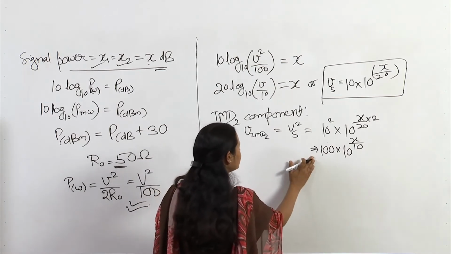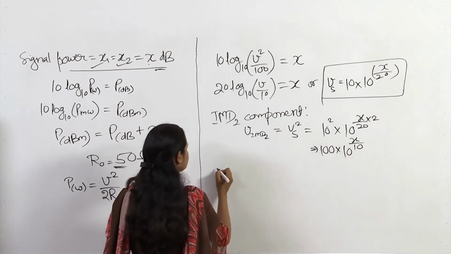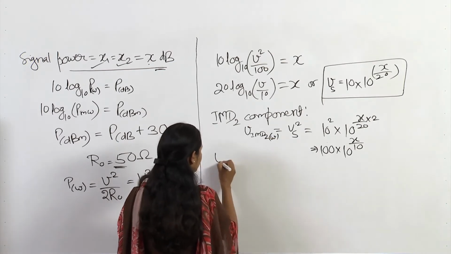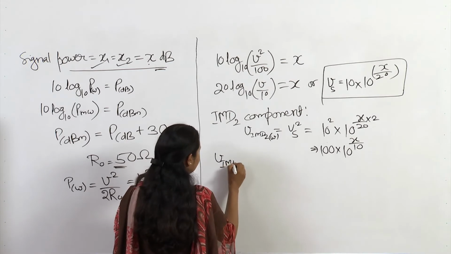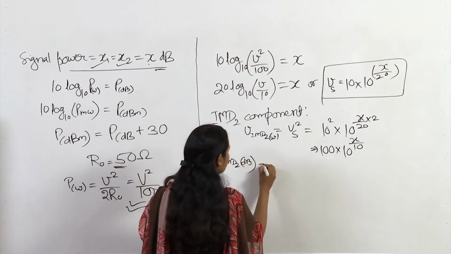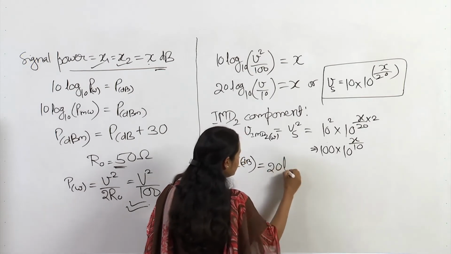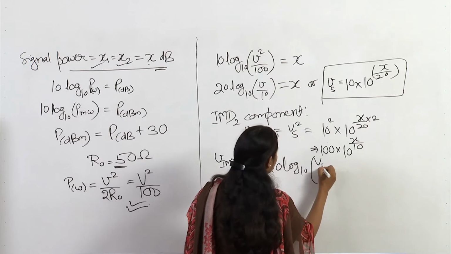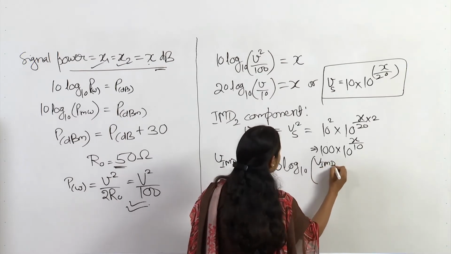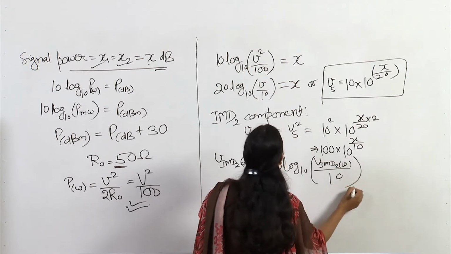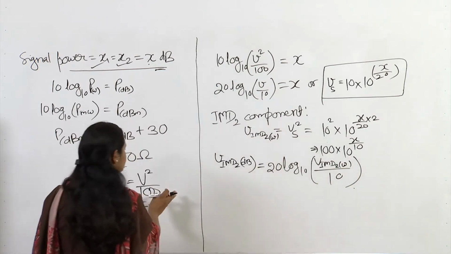Now, if I want to convert it back into dB, since it is in watt, VIMD2 in dB will be what? Again 20 log 10 VIMD2 in volt divided by 10, using this relation again.